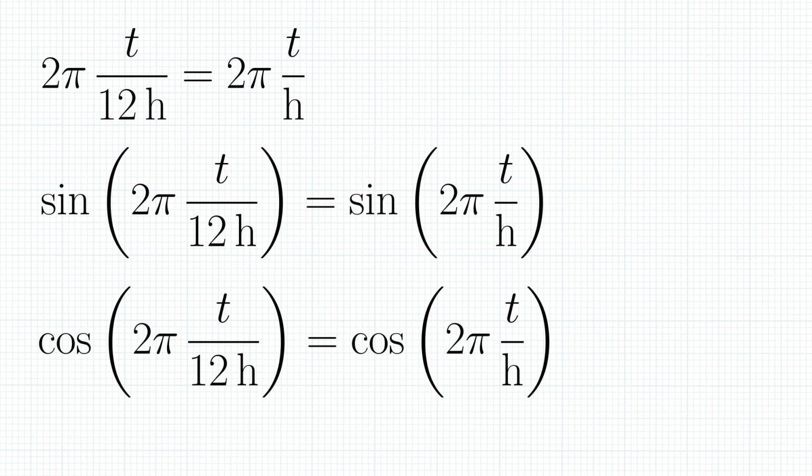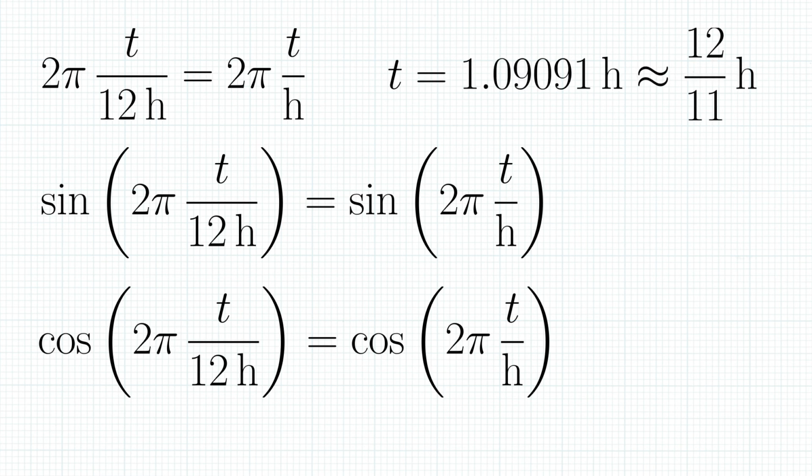If we only look at one equation, we get solutions to the equation that are no solution to the clock hands problem, and I think this is because sine and cosine are not only periodic, but have other symmetric properties as well. Nevertheless, only accepting values for t that satisfy the sine and the cosine equation, we find the lowest non-zero value to be a decimal number that corresponds to the previously obtained solution 12 over 11 hours.